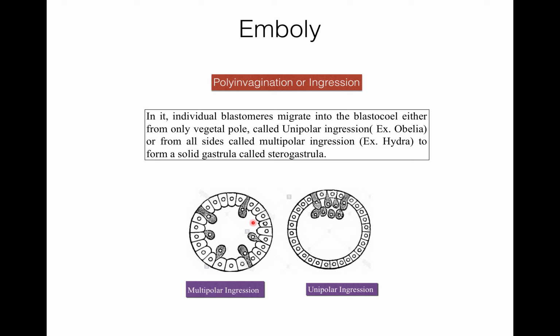If the blastomeres migrate into the blastocele from vegetal pole, then it is known as unipolar ingression, and example is Obelia. And if individual blastomeres migrate into the blastocele from all sides, then it is called multipolar ingression, example Hydra, and this forms a solid gastrula which is also known as stereogastrula. So this is a polyinvagination.